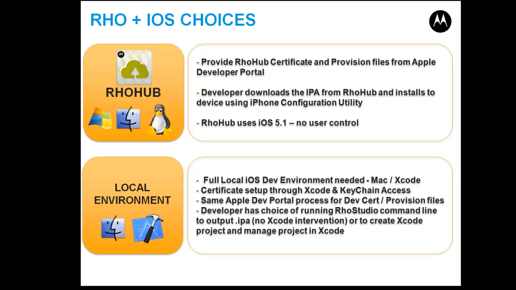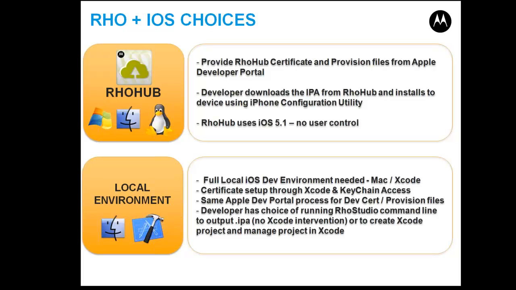So essentially, from your Windows machine or Mac or Linux machine, whatever, you can log into RhoHub and set up your application and kick off a build in the cloud. And essentially, we have these build systems that are there for building the application. So in particular for iOS, let's say I'm a Windows guy and I don't have a Mac, I can use RhoHub completely to do that.